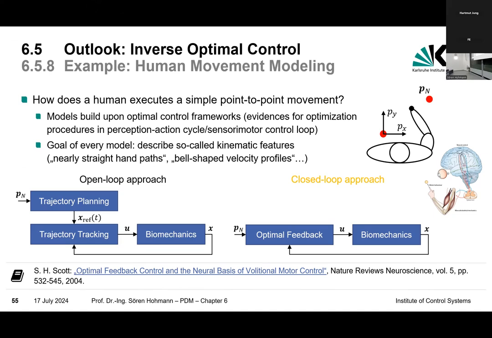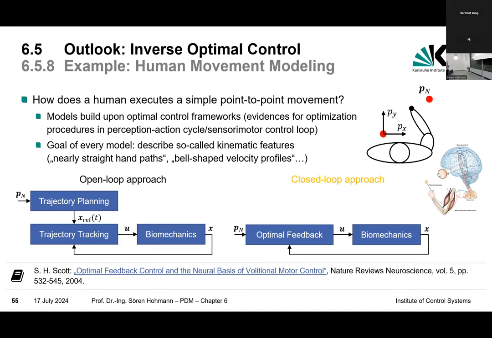Right? So there's somewhere in the brain a trajectory generator who says, if you want to go from A to B, there's some sort of optimal control problem, which follows exactly this curve. And then there's a control strategy, which brings my hand, all the joints, and activates the muscles so that I stay on this trajectory.